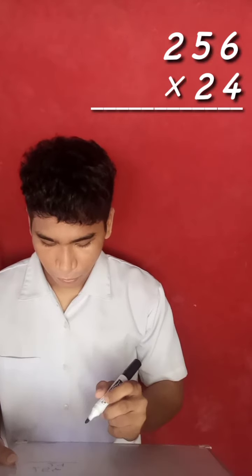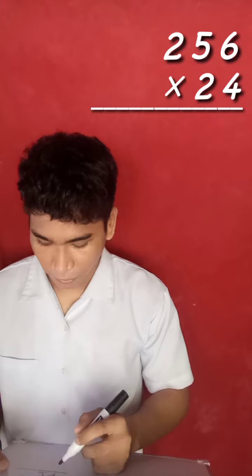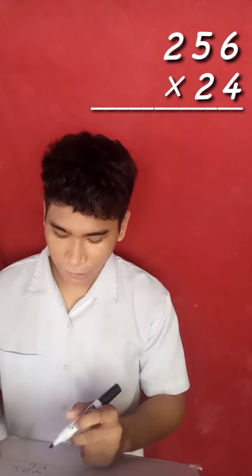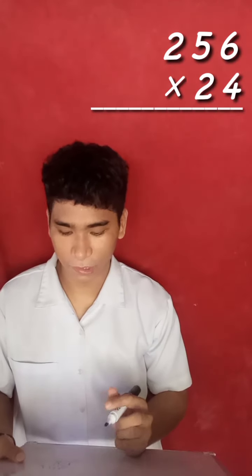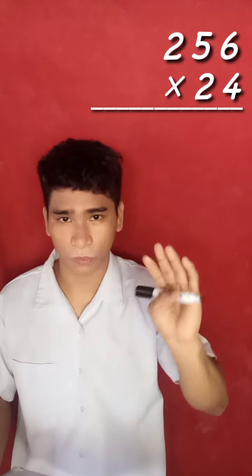Now, ang mauna dito is si 6 multiplied by 4. 6 times 4 is equal to, okay, sabayan nyo ko, 6, 12, 18. 18 plus 6 is equal to 24.